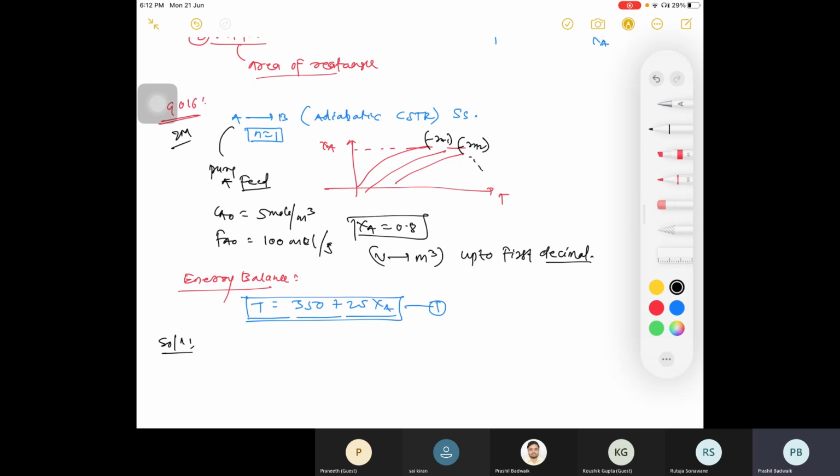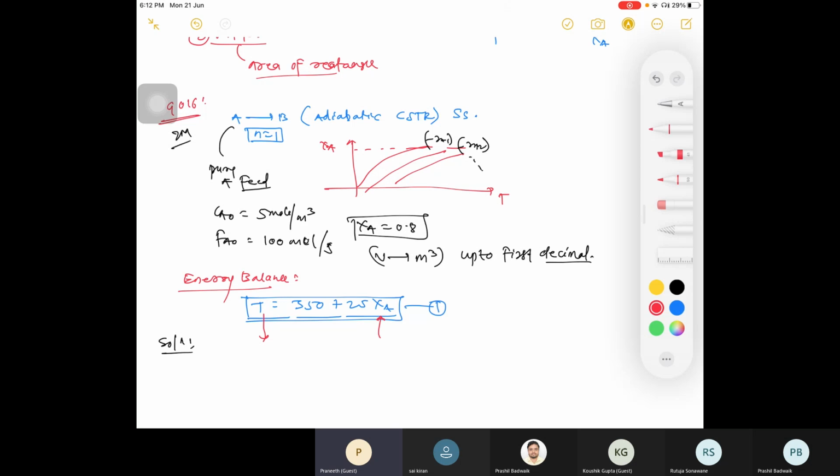Here I'll write the solution. What is given? That is your conversion. You get what is the temperature at that conversion. Calculate.